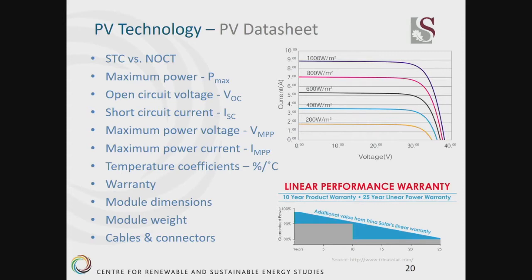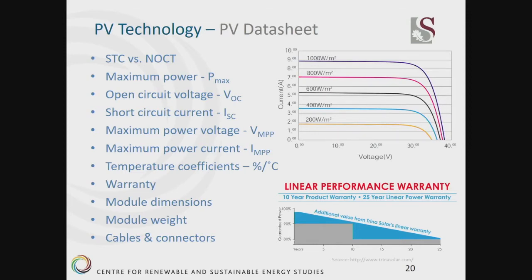Then we can also look at the normal operating cell temperature. The maximum power of the module is given, the open circuit voltage, the short circuit current, maximum power voltage, the maximum power current, and then also the temperature coefficients for the current, the voltage, and the power.